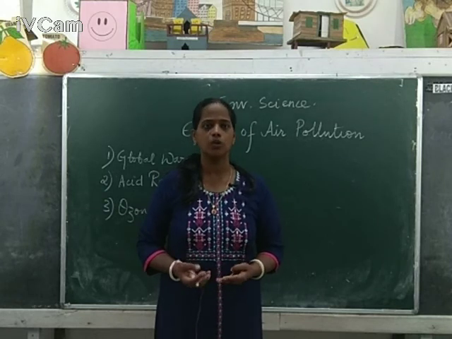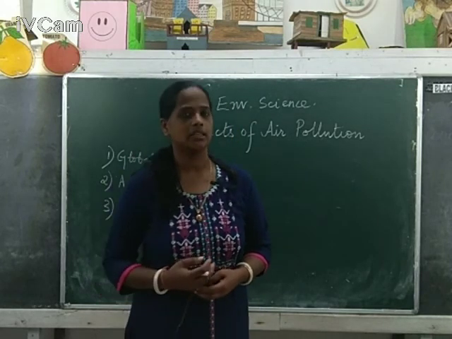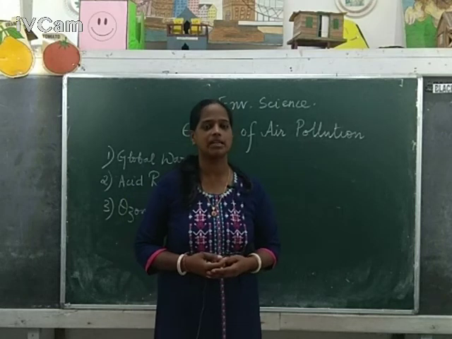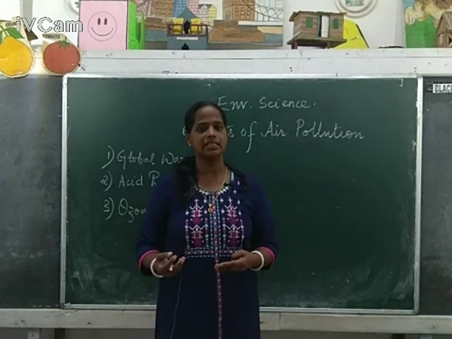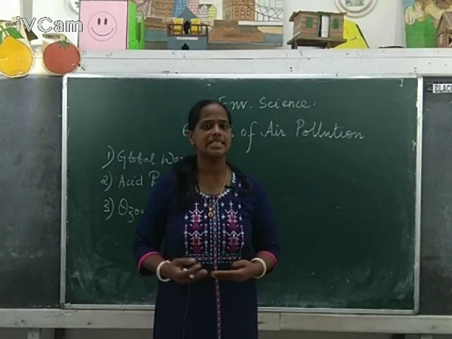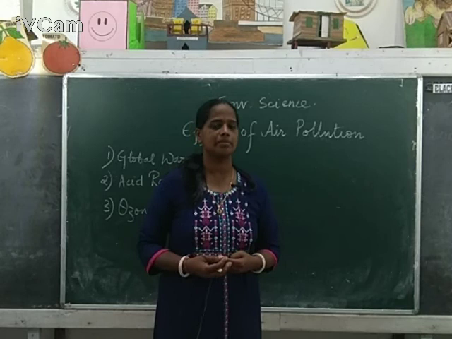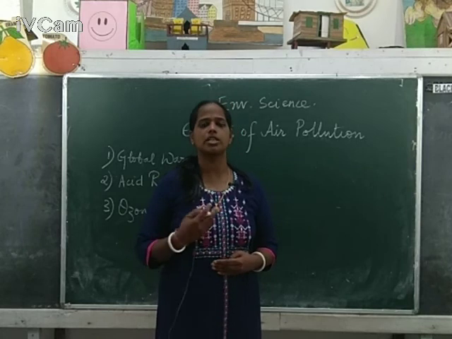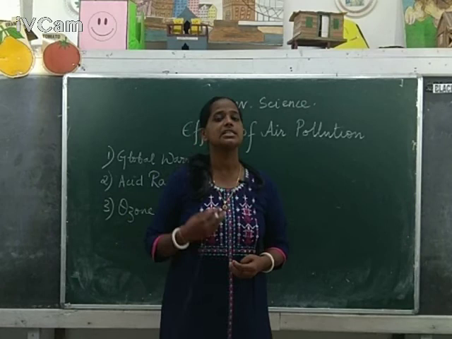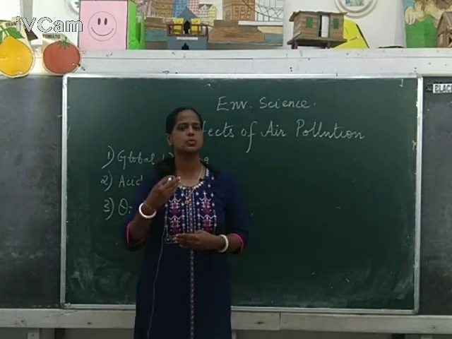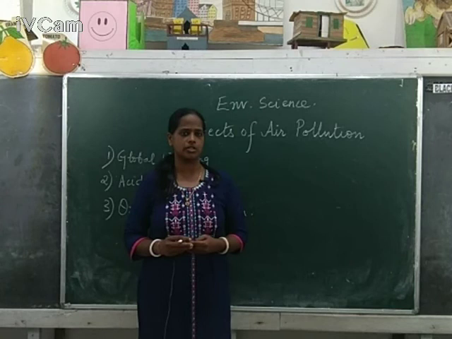As we all know, the gases that are there in the environment, carbon dioxide, nitrogen, methane, oxygen, all these gases have a fixed percentage in the environment. When the concentration of these gases starts rising, all the gases, but not oxygen.